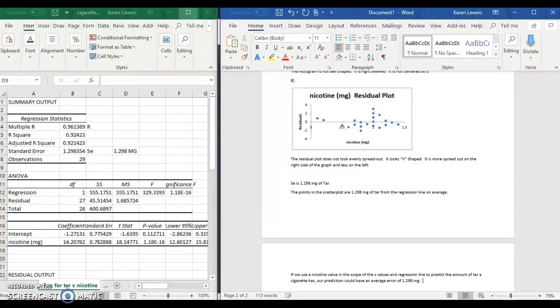So when I predict, on average I'll be off by 1.298 milligrams.